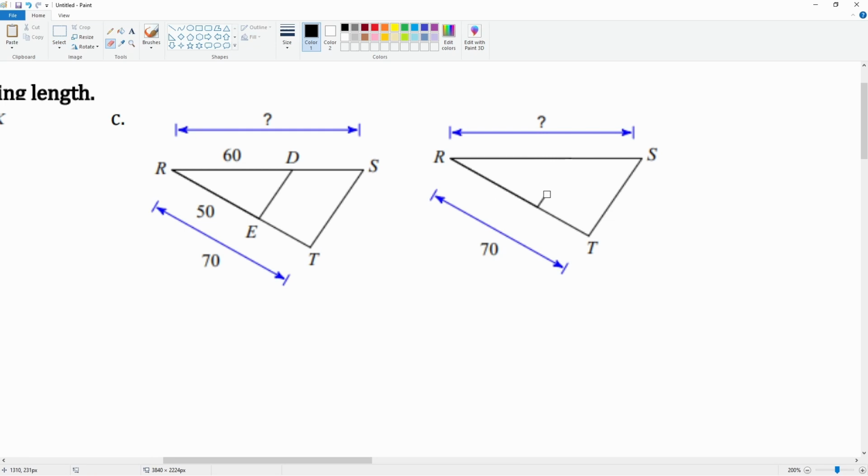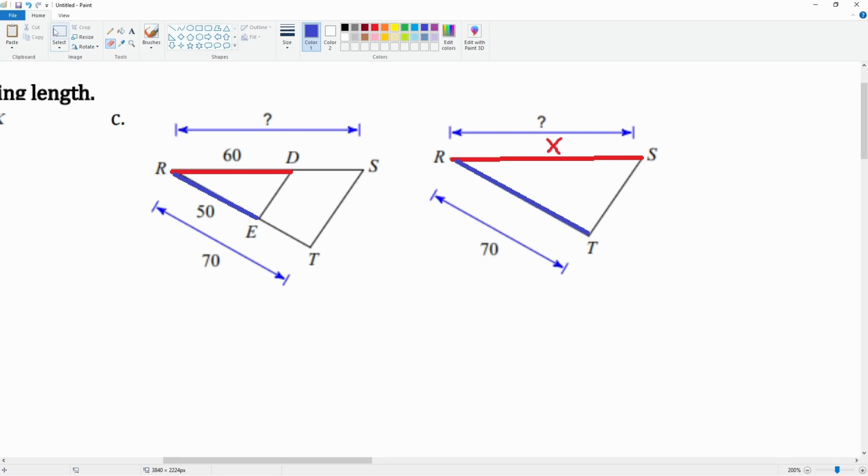So this can be, let's say, x in red, and we can make this in blue. And the shorter one is right here, red, and then we have blue right here.